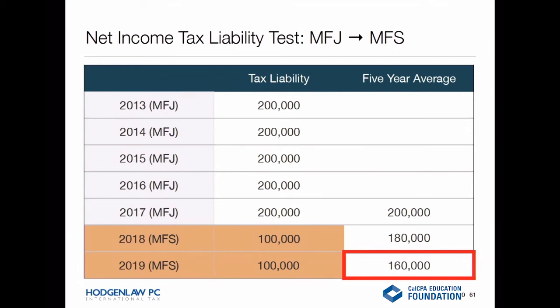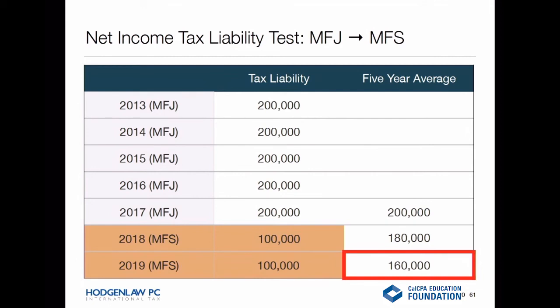And then if you do that again in 2019, so this will be the second year of filing separate returns, let's say again, hypothetically, the individual tax liability for one of the spouses is $100,000. Then you have 2 years of 100,000 and 3 years of 200,000. That'll give you an average tax liability over the prior 5 years of 160,000.